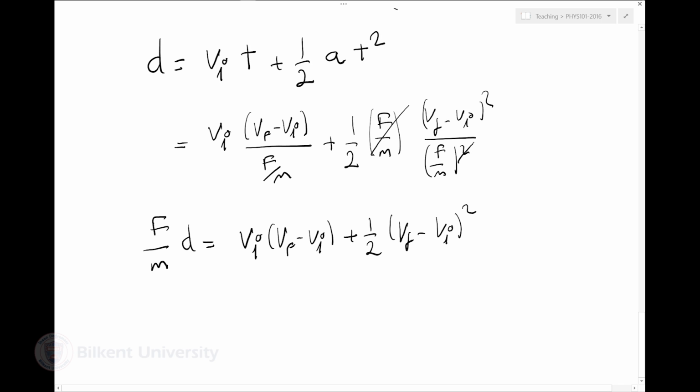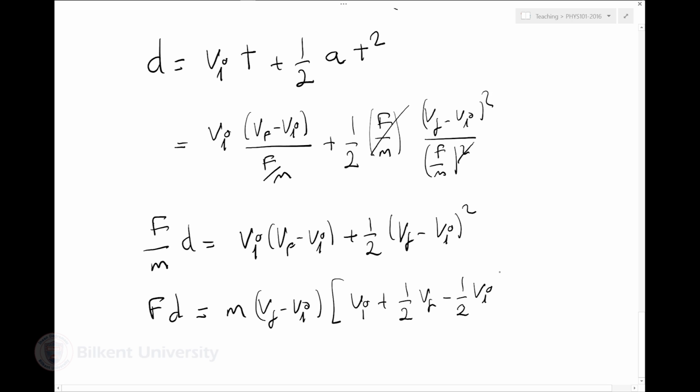All right? And I'll write it as follows. F times D is M times, I can take Vf minus Vi out as a common factor. I have Vi plus 1/2 Vf minus 1/2 Vi.